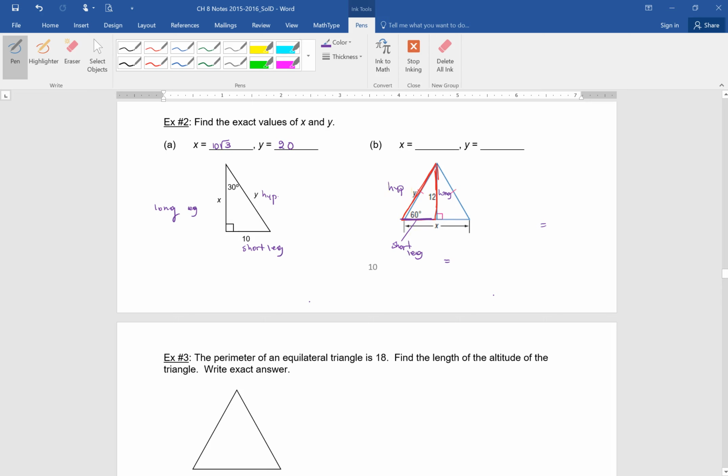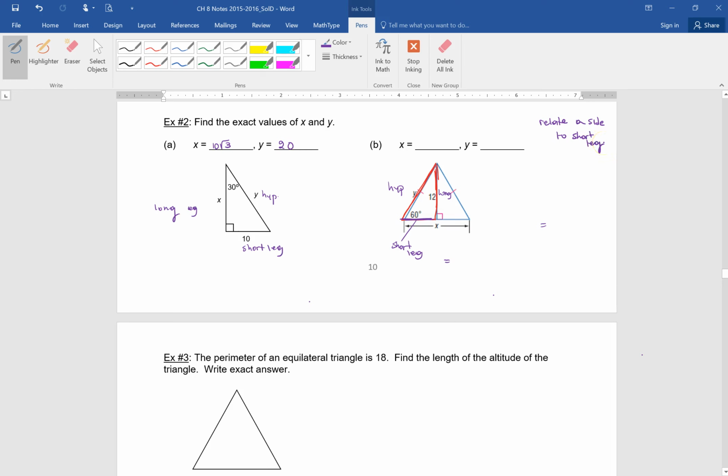Okay? How does that relate to the short leg? So always try to relate one of the sides to the short leg. Okay? So always relate a side to the short leg.